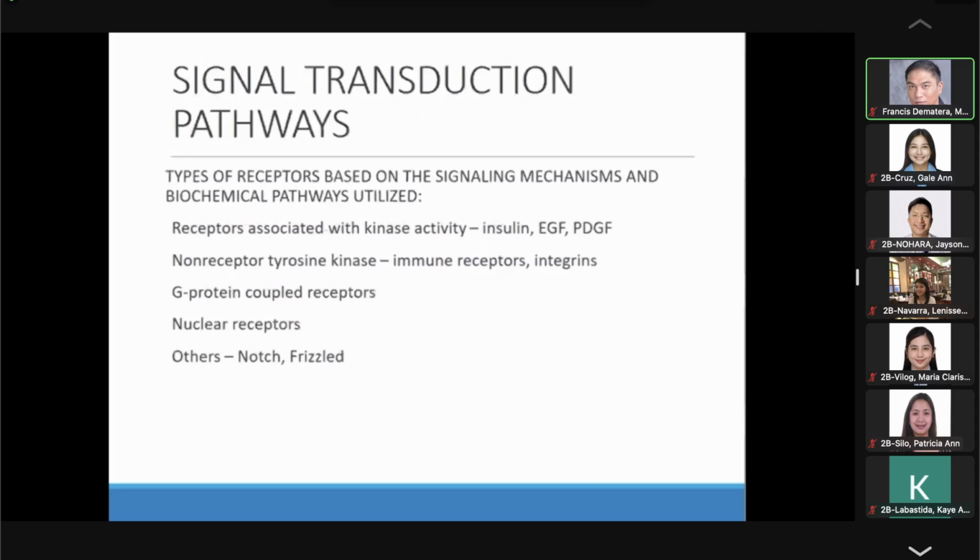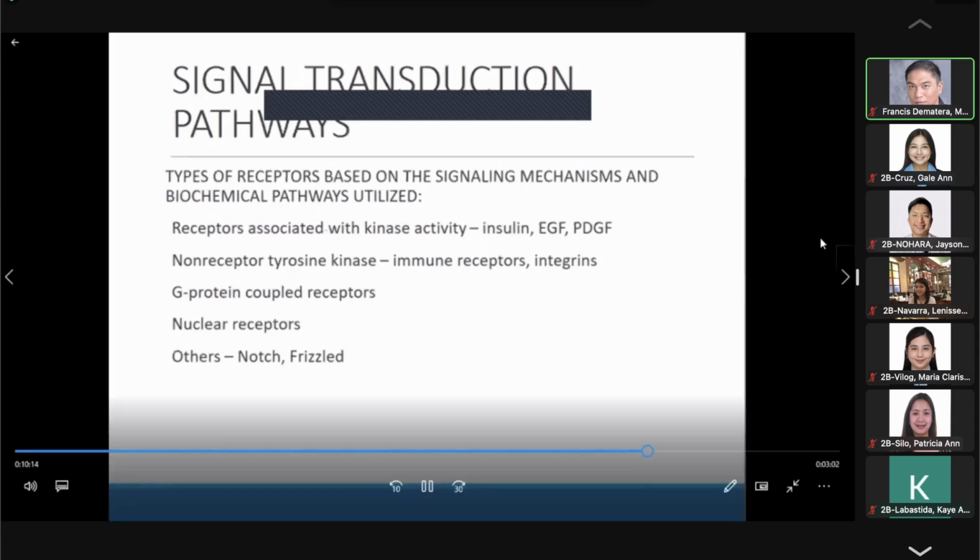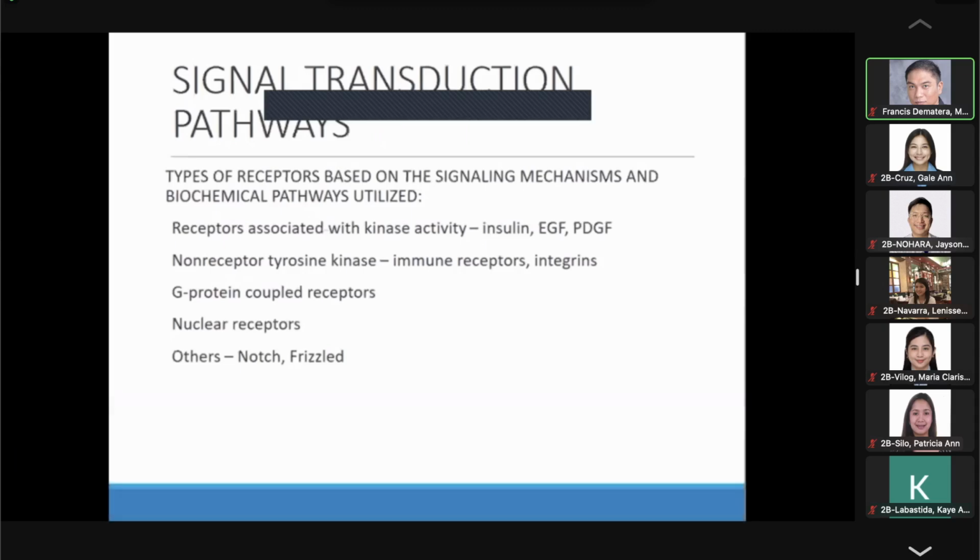Next, we go to the types of receptors based on signaling mechanisms and biochemical pathways utilized. So ligand binding to a receptor will mediate signaling by inducing physical changes in the intracellular domain of receptors.